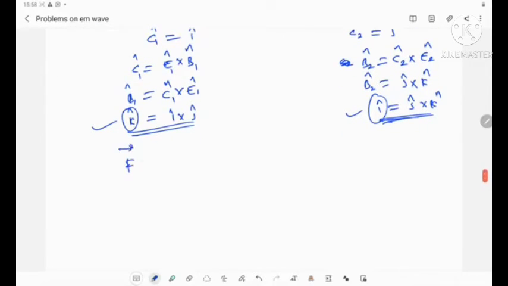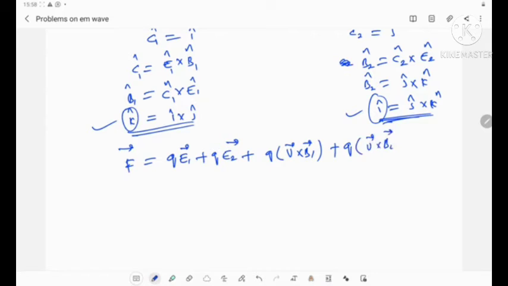Here force is equal to, one electric field Q into E1 bar, another electric field Q into E2 bar, plus magnetic field Q into V bar cross B1 bar, another Q into V bar cross B2 bar. Therefore, F bar is equal to Q into E1, meaning its amplitude and unit vector.